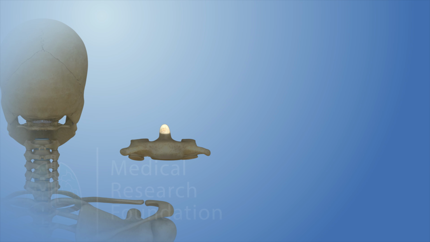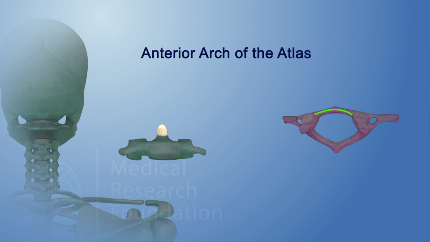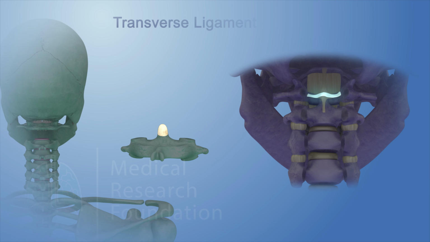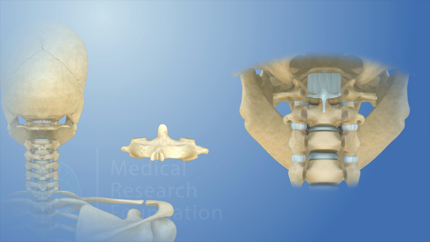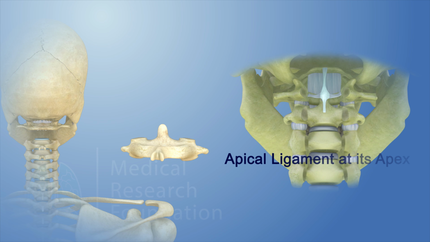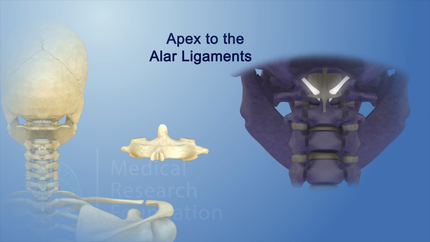The odontoid process represents the centrum, body of the atlas. The dens articulates anteriorly with the anterior arch of the atlas and posteriorly with the transverse ligament of the atlas. It provides attachment to the apical ligament at its apex and on each side below the apex to the alar ligaments.